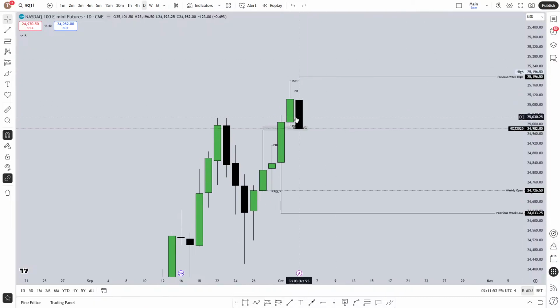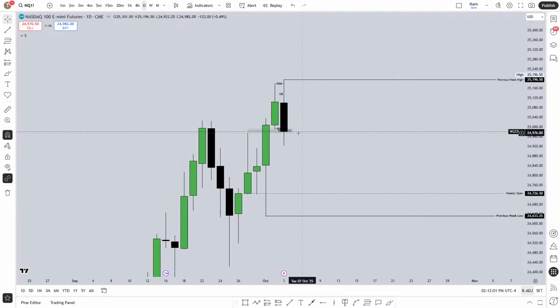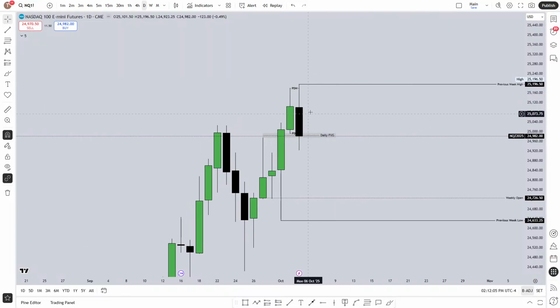Now on Friday, what we ended up doing was sweeping previous day high and then coming down into this daily fair value gap. So I'm going to get these off the screen right here. Okay. Now this was on a Friday, and I actually alerted this to the Discord, looking for shorts coming into Friday because, one, we had a completely bullish week. So if you look, this is Monday, and we were only going up.